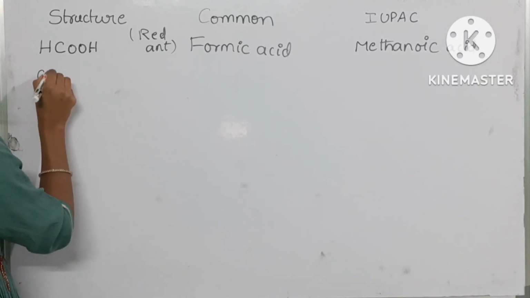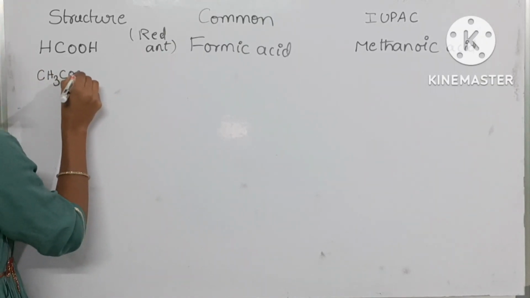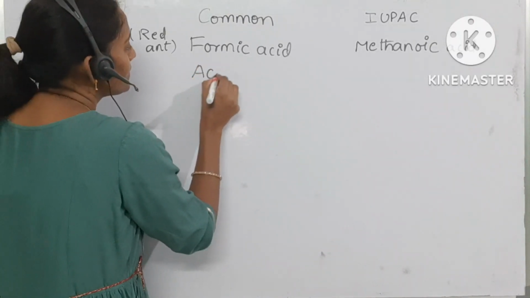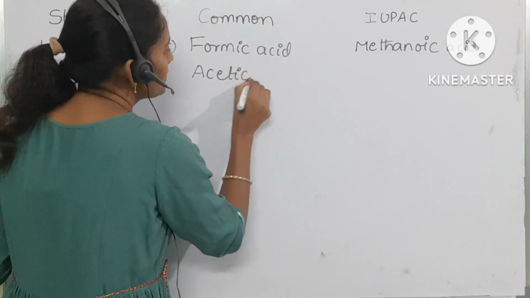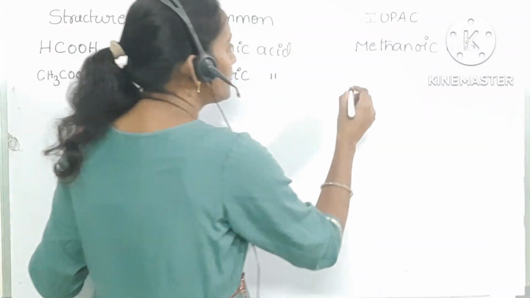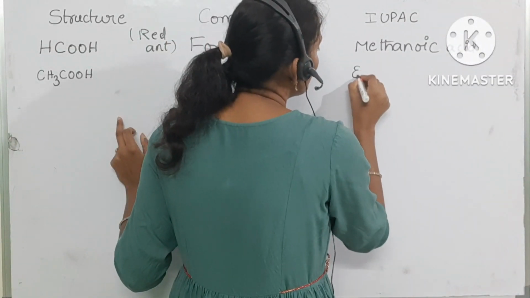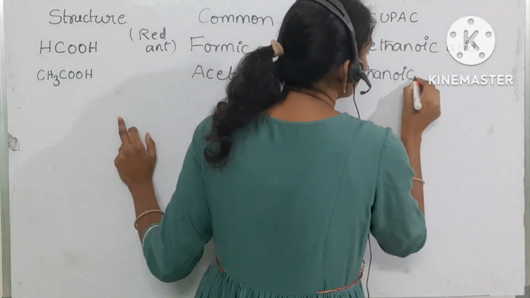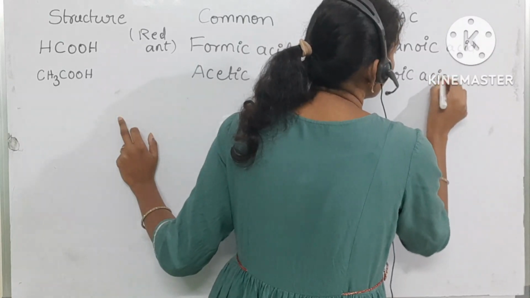And the next one is CH3COOH. It is acetic acid, and its IUPAC name is ethanoic acid.